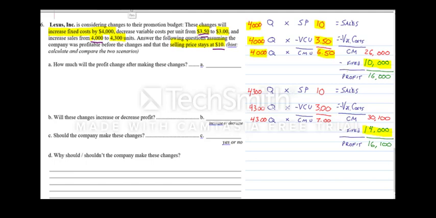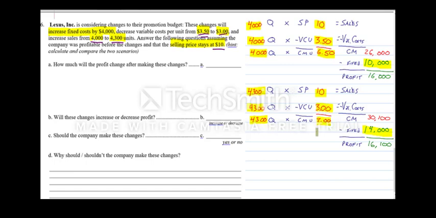In the second scenario, they tell you that the Q is 4,300. So we just plug 4,300 in as a Q in our second scenario. The selling price stays the same at 10, but the variable cost per unit goes down to 3. So we plug that in. And when you take the 10 minus the 3, you get 7.